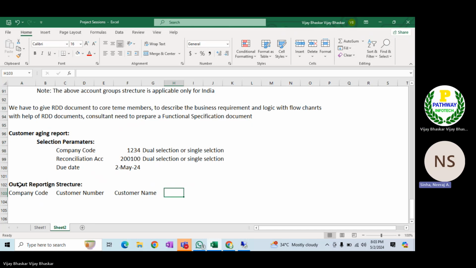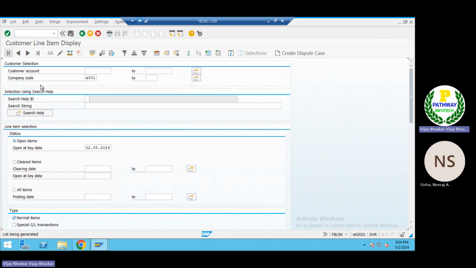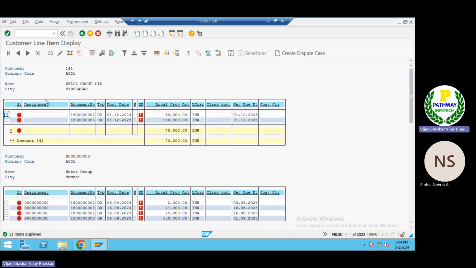Then it's the layout, exactly. I'll give something here, let's say A001. After execution, this is my reporting structure. Here assignment number, document number, type, document date, posting date, like this it will be there. This is the layout I'm talking about.